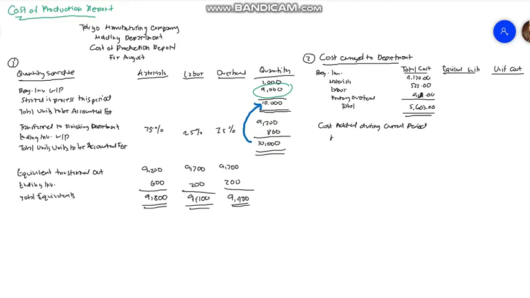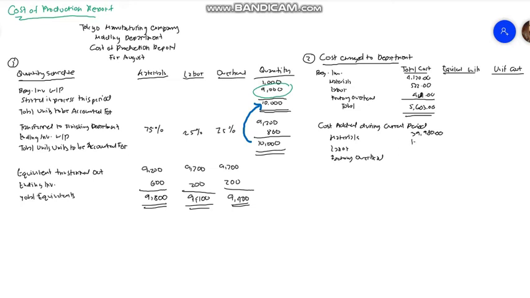So again, that's materials, labor, and factory overhead. So again, this is given, so this is 39,980.